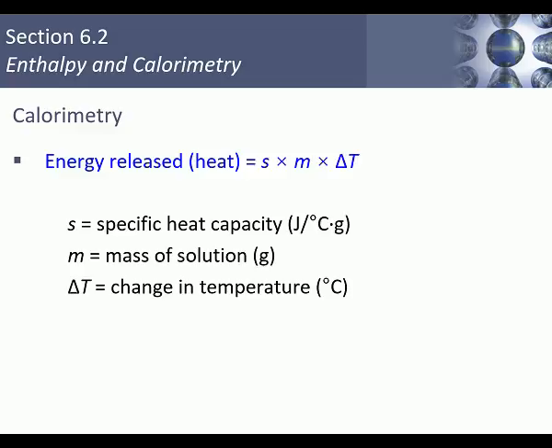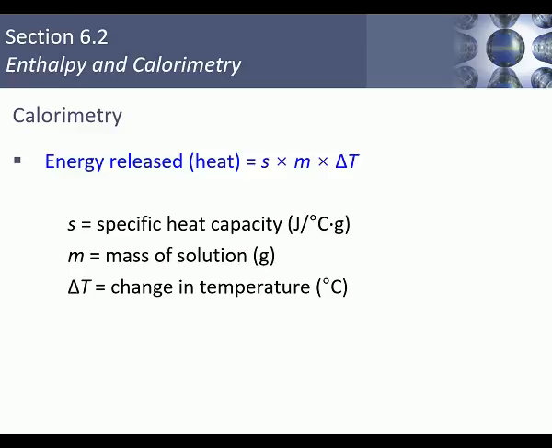I just want to point out that in other courses, other textbooks will use Q to represent this energy release, this heat. And it'll also use a capital C to represent the specific heat capacity of that particular substance. So just heads up, when you go to find some extra help online somewhere, you may see this very exact same equation represented as Q equals mc delta T.